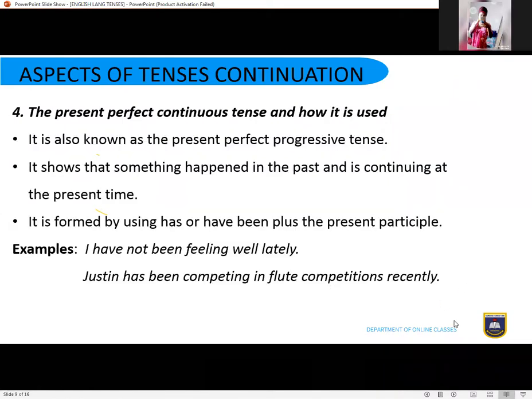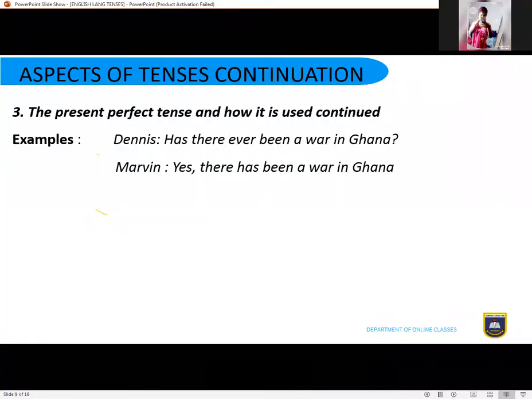Yes, there has been a war in Ghana. Sorry. Madam, please, I can't hear who is talking. Okay. Has there ever been a war in Ghana? Yes, there has been a war in Ghana.